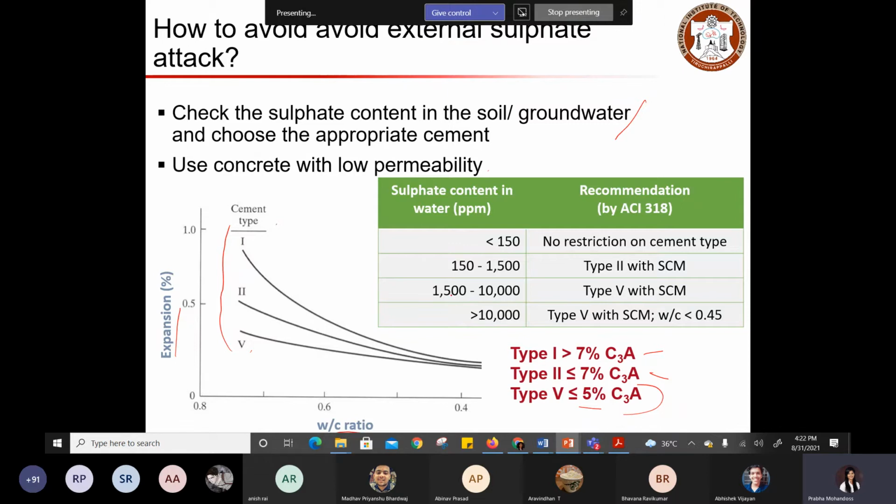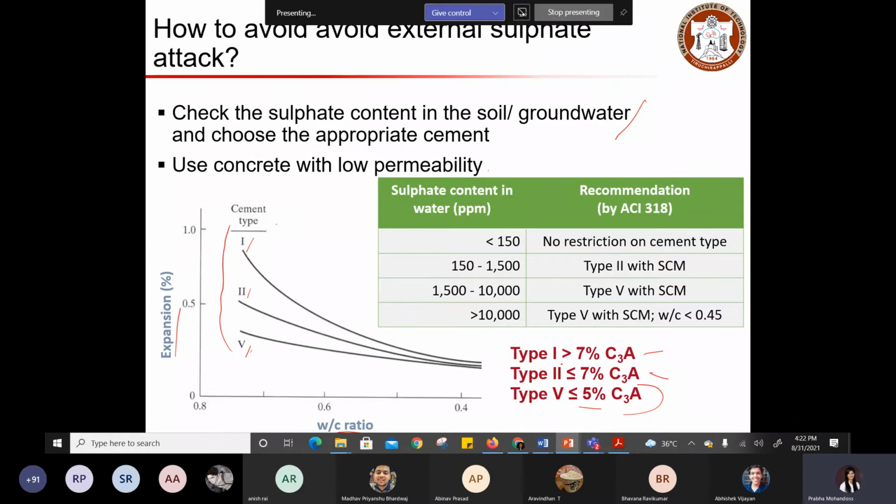And here is the range given. You have the water cement ratio on the x-axis, ranging from higher to the lower range here. As you go down, you can see the percentage of expansion that results from the sulfate attack gets reduced. At the same time, the use of different types of cement is also helpful to reduce the expansion.